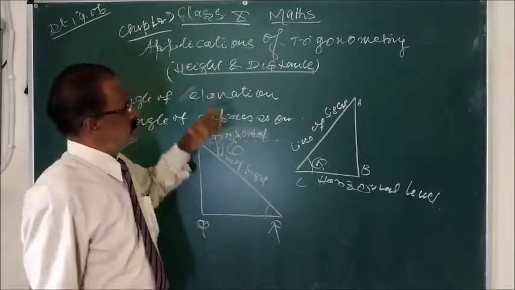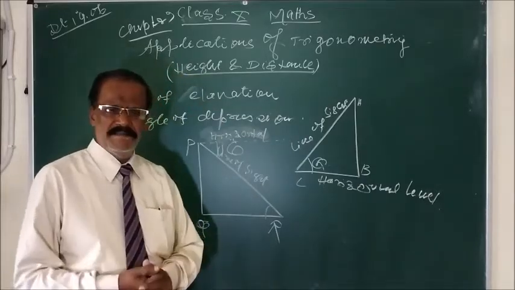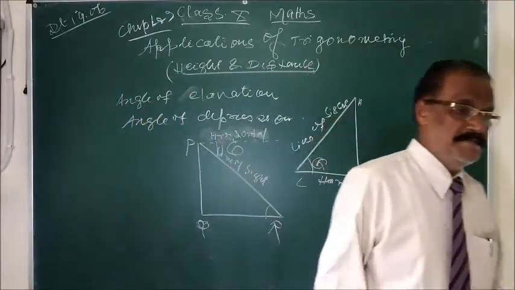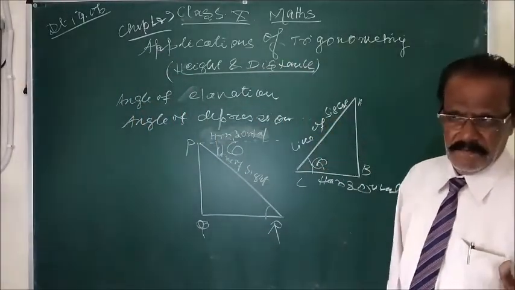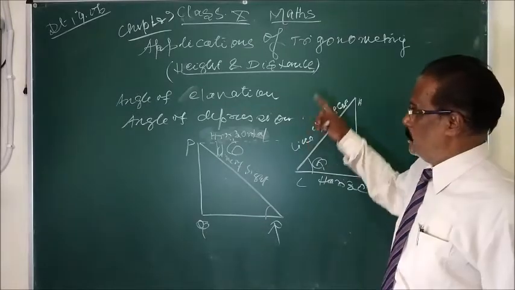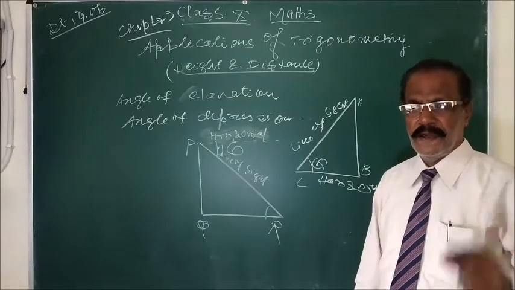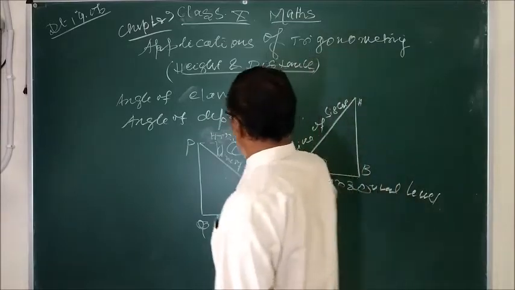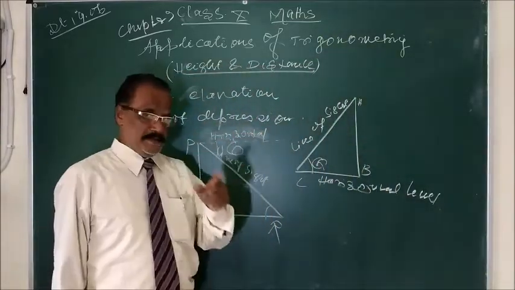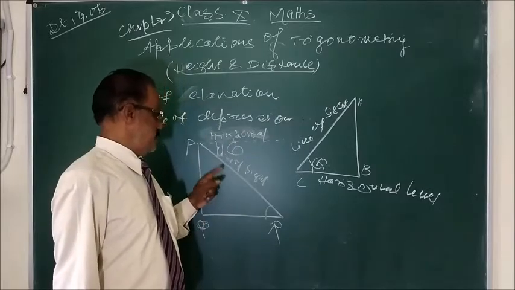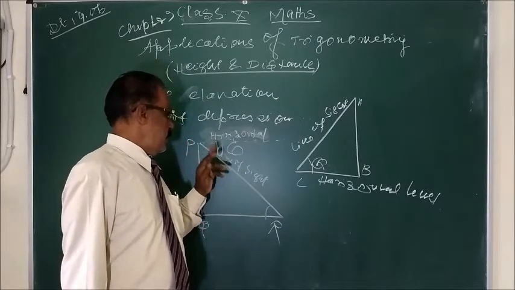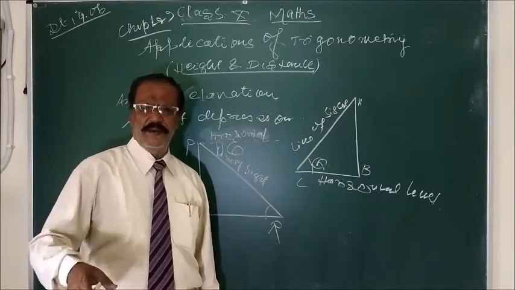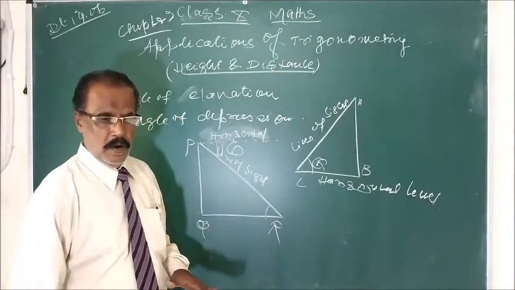My dear students, trigonometry is very important. As I told you, you can find the actual height and the actual distance without actual measurement by the use of trigonometry. So now you can understand the importance of trigonometry. Now you can see the angle when you are at the top and the object observed is on the lower level.